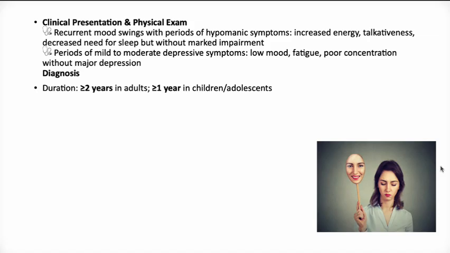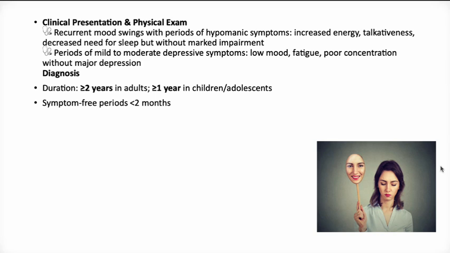Diagnosis, again, key factor, it has to be present for greater than 2 years, 1 year in children and adolescents. And they cannot be symptom free for greater than 2 months. So that's something they can play in the question stem. So they're going to say the patient is being chronically high and low, and never fully meeting criteria for hypomanic episodes or mania, never full major depressive symptoms.